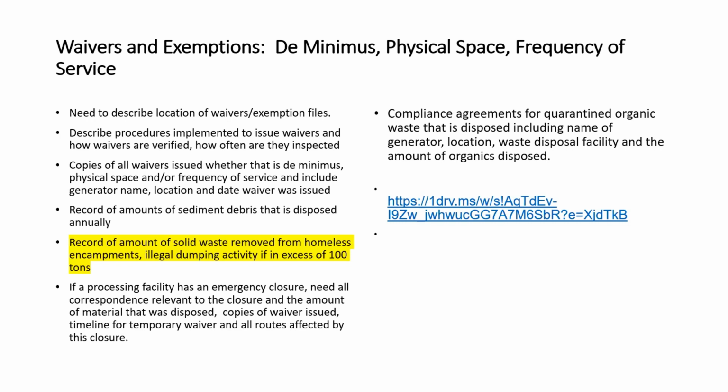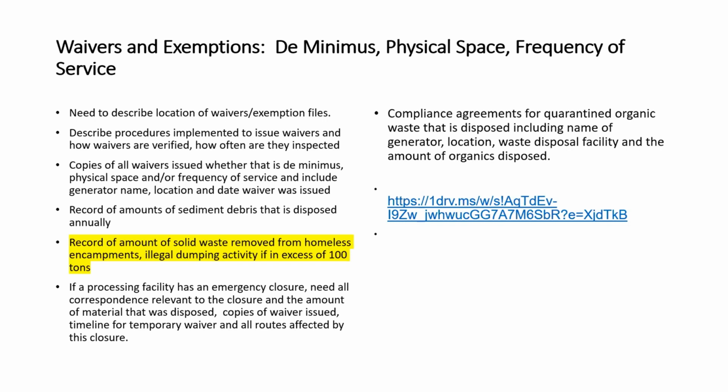So one of the things I want to point out here, you can see all the bullets, and these are all the requirements that you need to keep in your implementation reporting. And the one I like to highlight that a lot of municipalities may not have captured when reviewing the regulation is that you have to record the amount of solid waste removed from your homeless encampment.